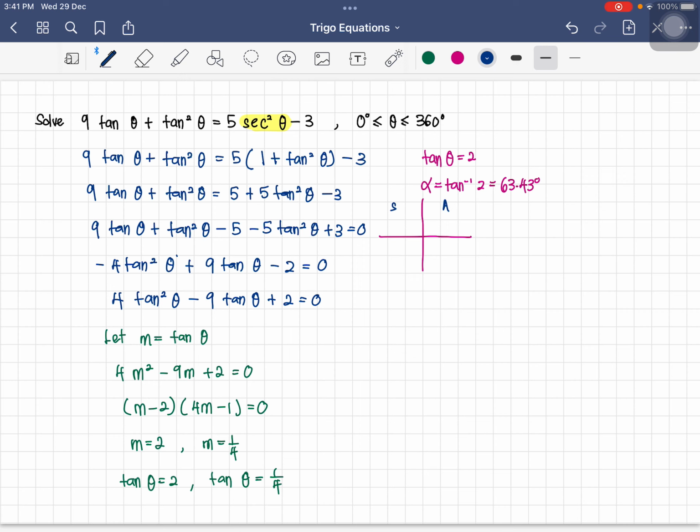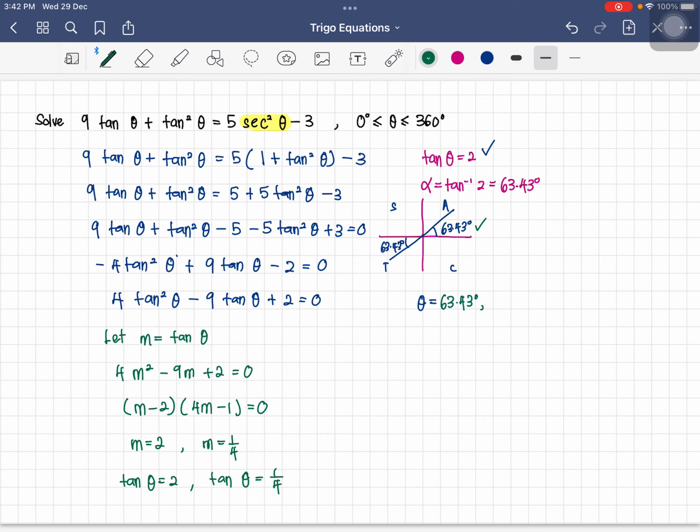So using ASTC, in this case, tangent is positive. So where is tangent positive? On this quadrant, 63.43, and another one, tangent is positive on this side. This is the basic angle. Therefore, to find the value for theta, the first one is 63.43 degrees.